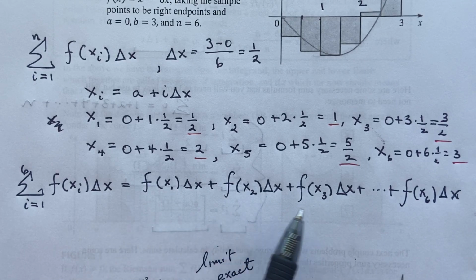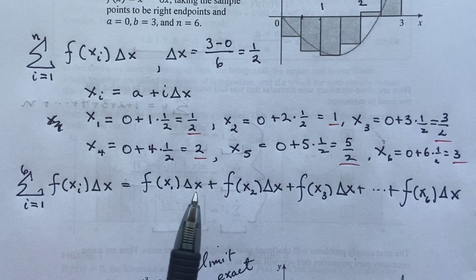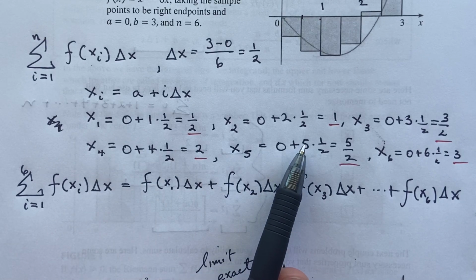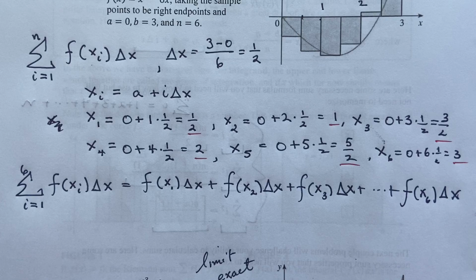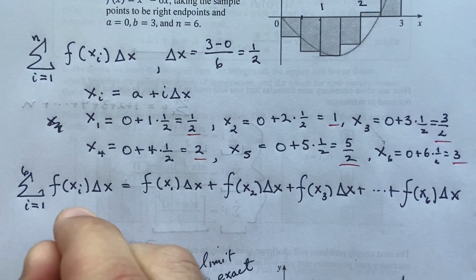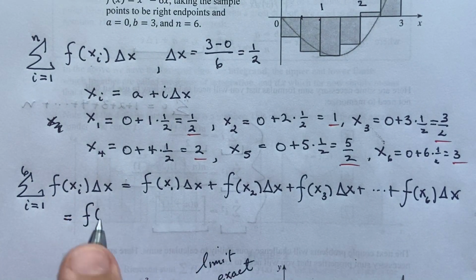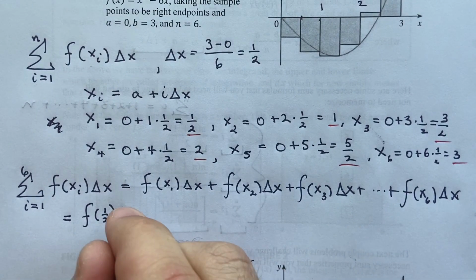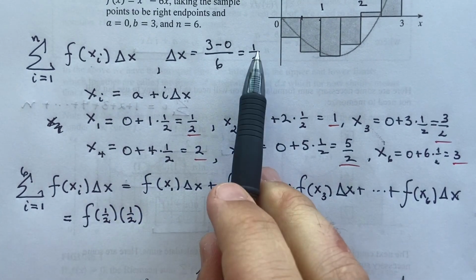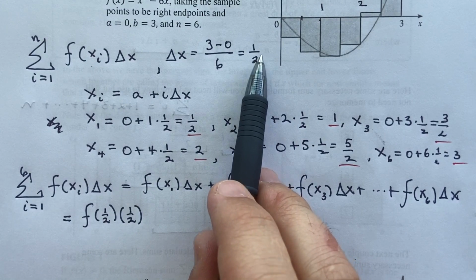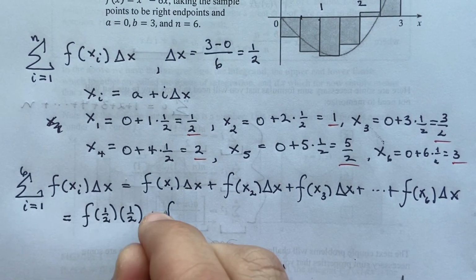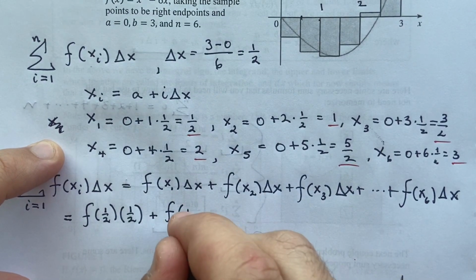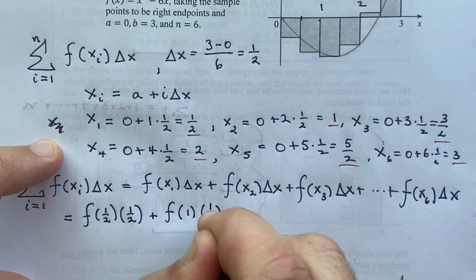So this is the sum. And I do know that x sub 1 is 1/2, x sub 2 is 1, and so on. So this would be equal to f of 1/2 times 1/2, right? Because delta x is also 1/2, plus f of x sub 2, which is 1, times 1/2.